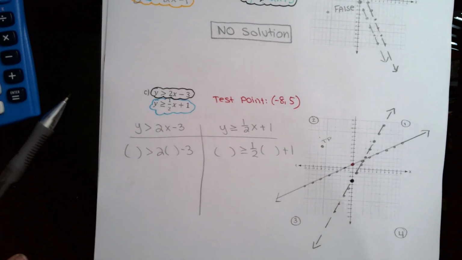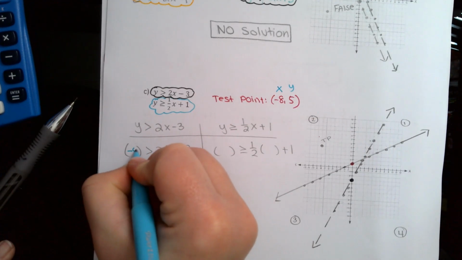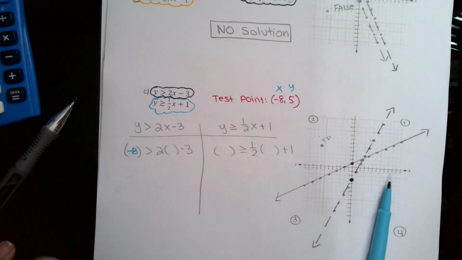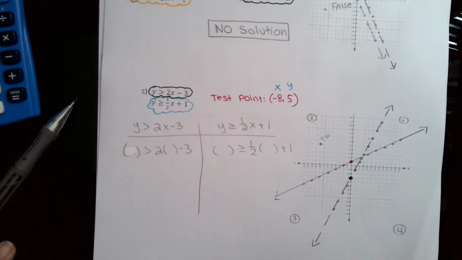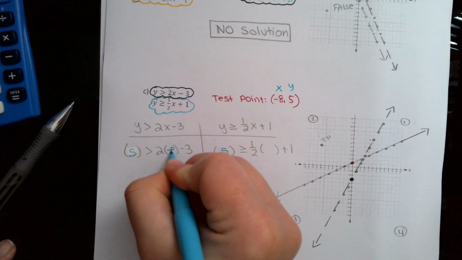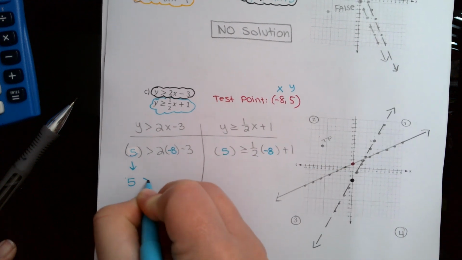Now, if we are using a calculator here and not our brain, that 1/2 on the other side needs to be a fraction inside parentheses inside our calculator. So 5 is our y, and negative 8 is our x. I'll show you what I mean by the calculator.